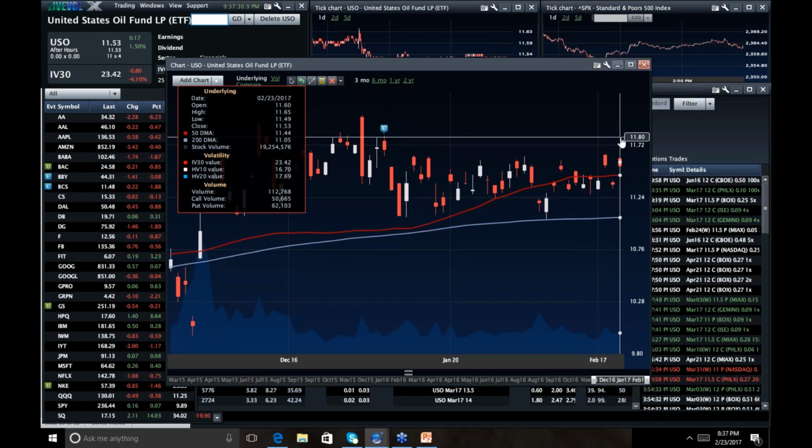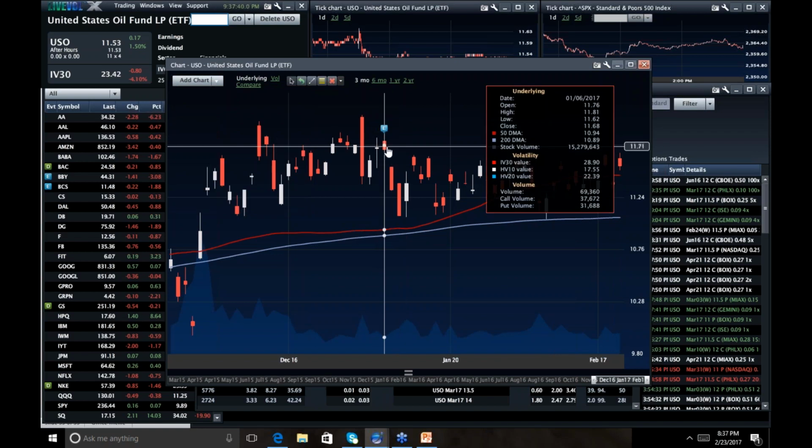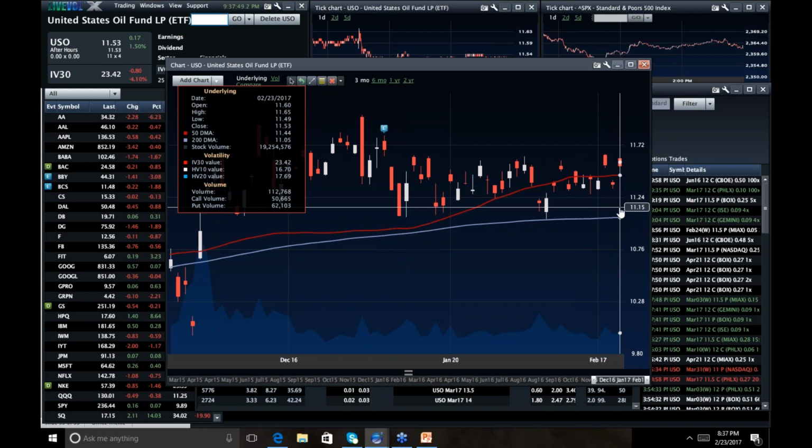Here's 11.80. Still inside of my fly. Been essentially below that since January 6th. And then here's 11.14. It's kind of touched that on an intraday basis without closing there. It's closed there once.